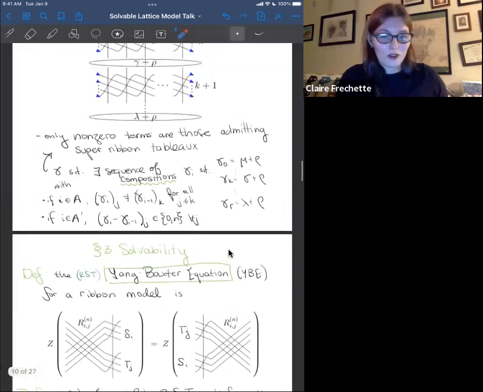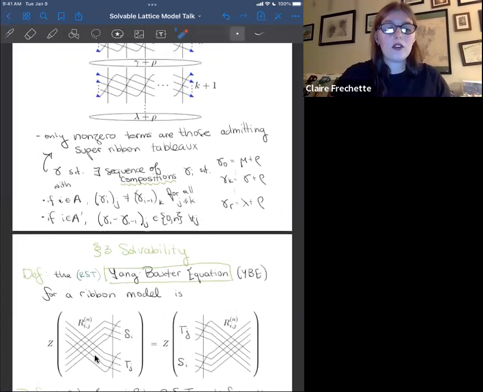So if this is your first lattice model talk, this is one of the many Yang-Baxter equations we can care about. This is in particular the RST Yang-Baxter equation, where I'm considering S and T to be sort of horizontal weights, and I've got a diagonal vertex R here.